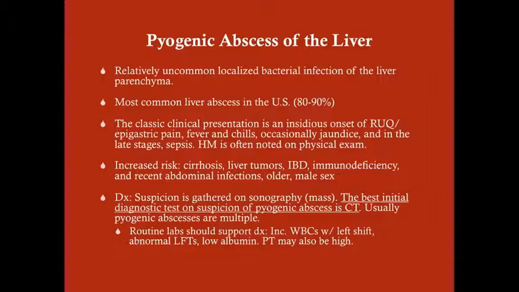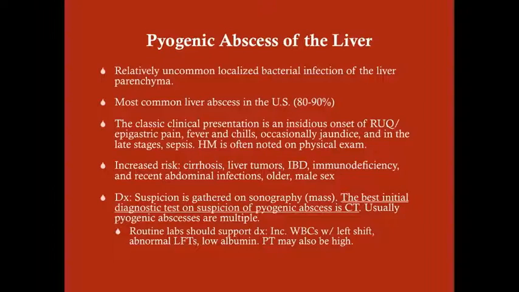There are some patients who are at noted risk for pyogenic abscesses, and those are going to be patients usually with pre-existing liver disease. So primary sclerosing cholangitis, diseases of the bile tract, anything that increases your risk of cholangitis, cirrhosis, liver tumors, inflammatory bowel disease, immunodeficiency, which is going to increase your risk, especially also of not just pyogenic abscesses, but also fungal abscesses.